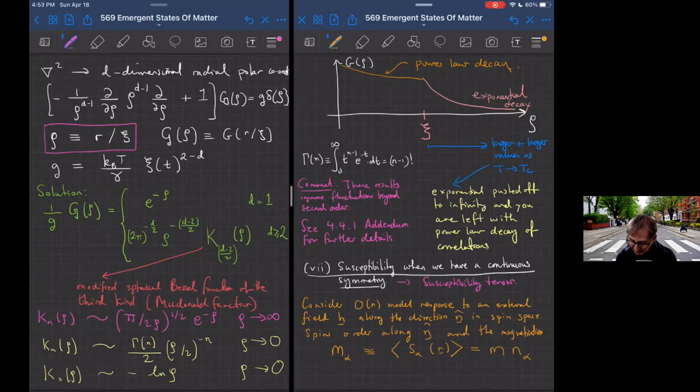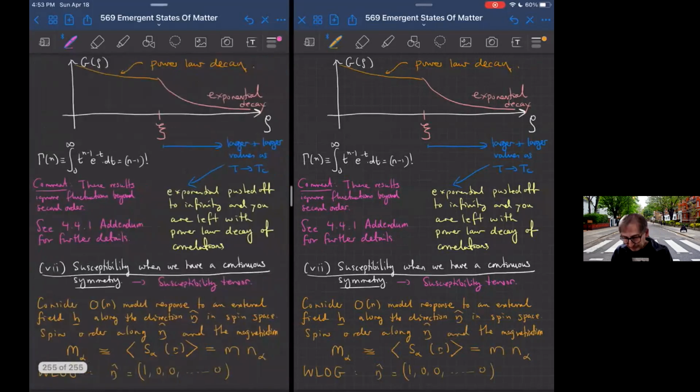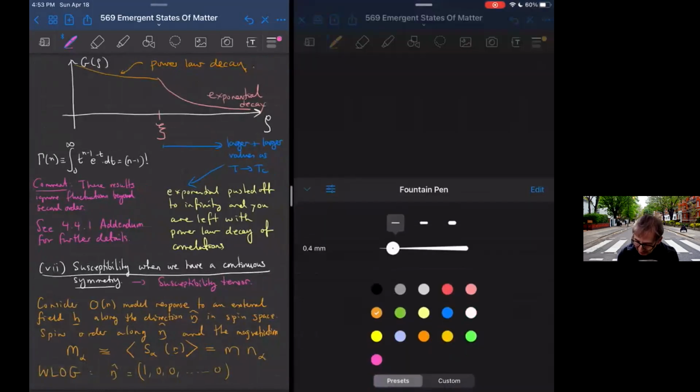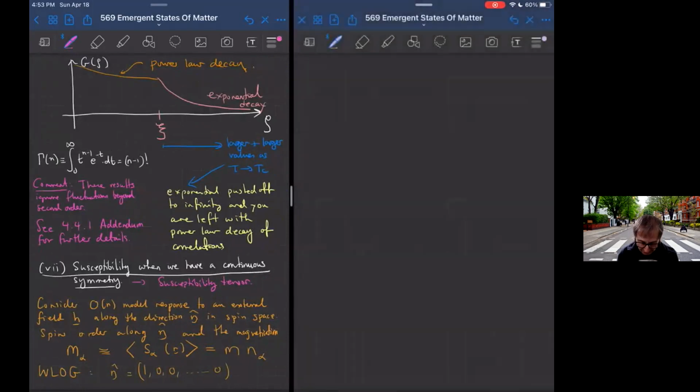Okay, so let's take the direction in spin space to be the unit direction along the first dimension. So I'm going to write it like this. Now I'm going to define the two-point correlation functions, but they are going to be different for different directions.